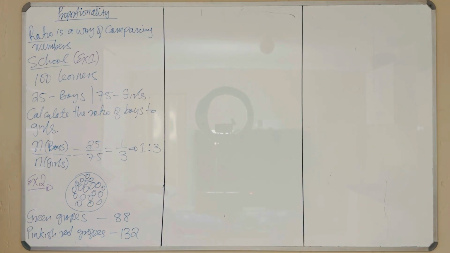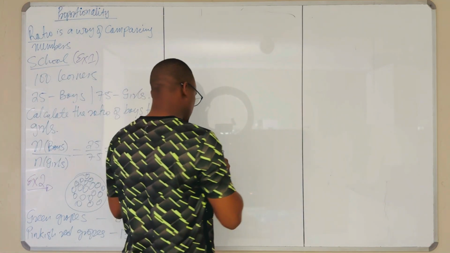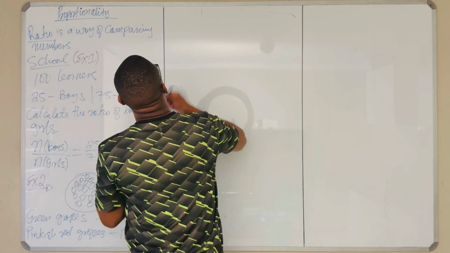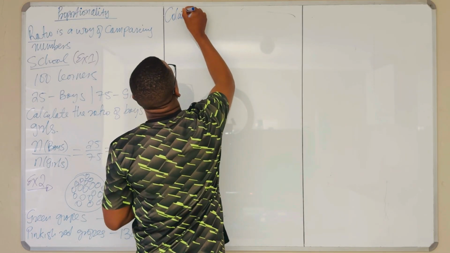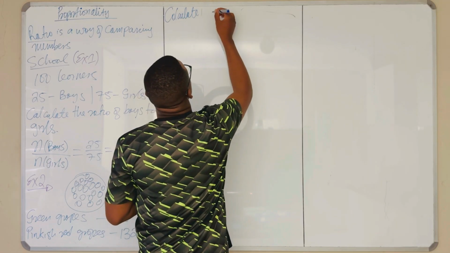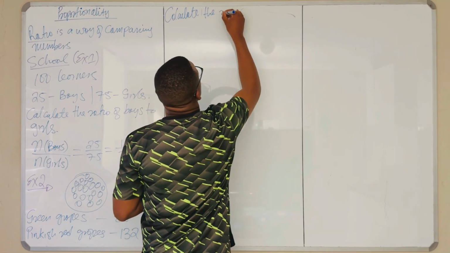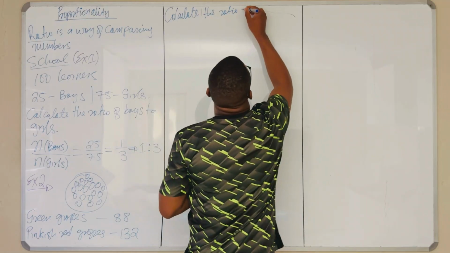Now, let's say you are asked to find the ratio of the pinkish red grapes to that of the green grapes. So what do you want? They say calculate the ratio of what?